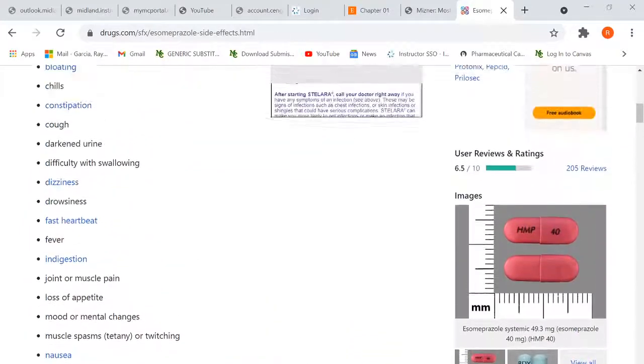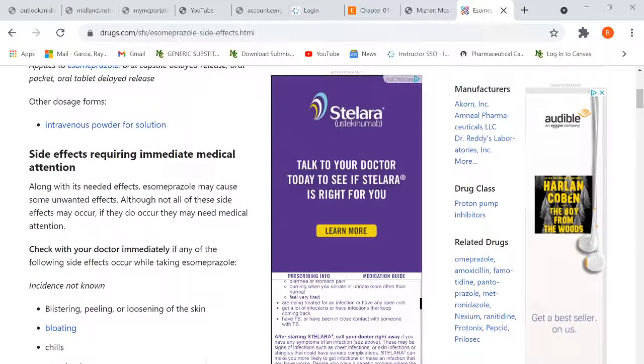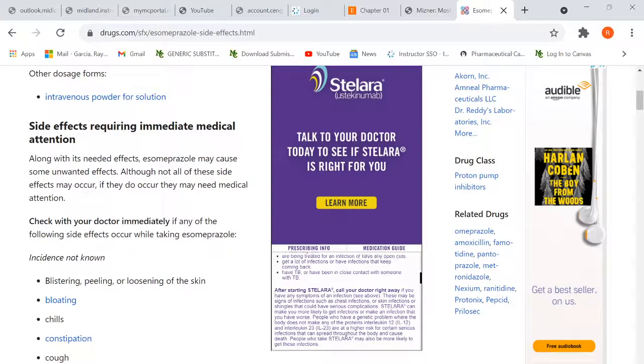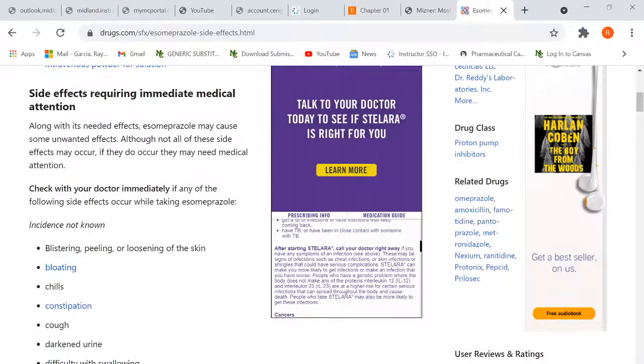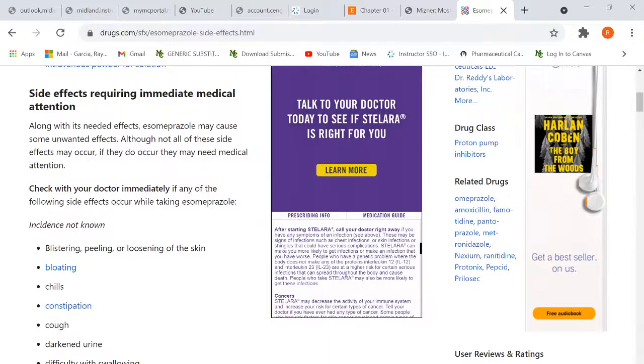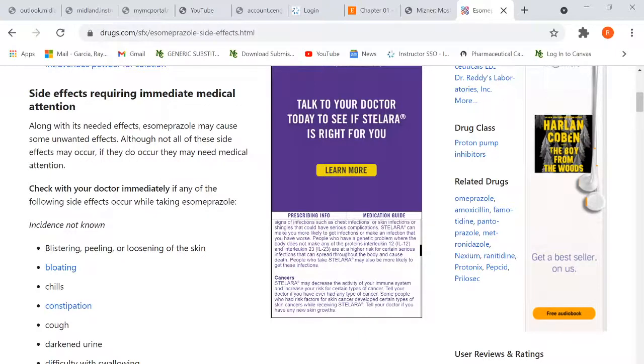It may have all these side effects, but it says incidence not known. So for the most part, I'm going to put maybe blistering, bloating, chills.